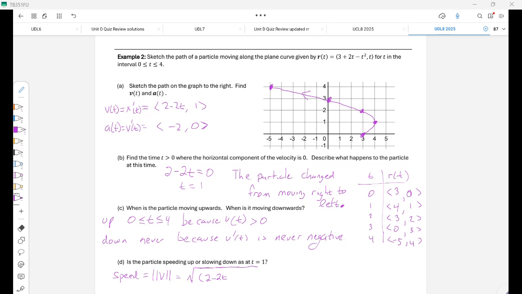It's the velocities squared. It is the velocities squared, which should make sense. Speed comes from velocity. So I'll square the x component of velocity, add the square of the y component of velocity, and I'll have a formula that'll find me the speed at any given time.